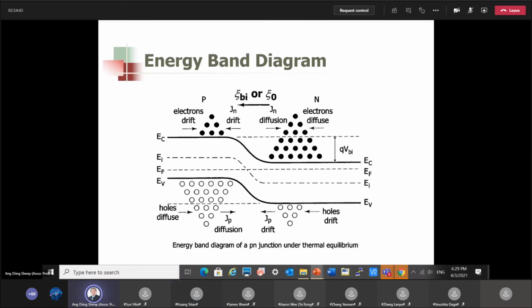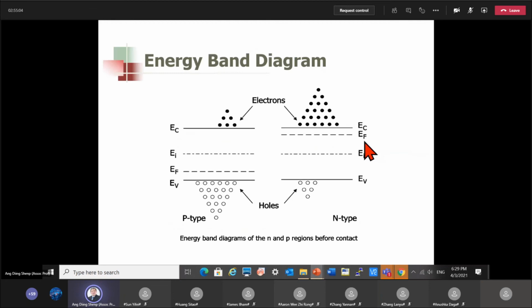Remember, when the PN junction is formed, electrons and holes are transferred across the junction. So as a result of this charge transfer, one region will become positive, the other region will become negative. If you interpret this in terms of the energy band diagram, the band diagrams of the two semiconductors cannot be at the same level as before, because charge transfer has happened.